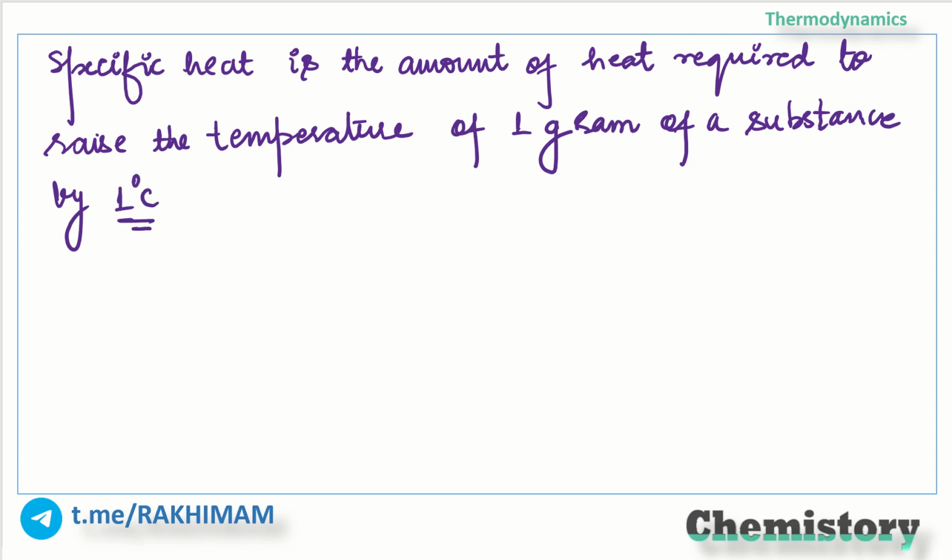The SI unit of specific heat capacity is joules per kelvin per kilogram.